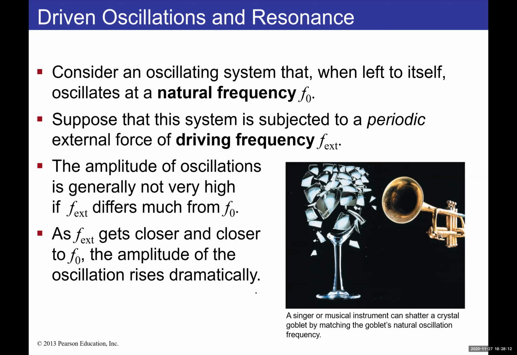When it happens, the crystal goblet shatters because the molecules start oscillating with much higher amplitude than before, and the object cannot keep its shape anymore because of that forced oscillation matching the natural frequency. You can shatter a crystal goblet by making the molecules in the goblet oscillate much more violently.